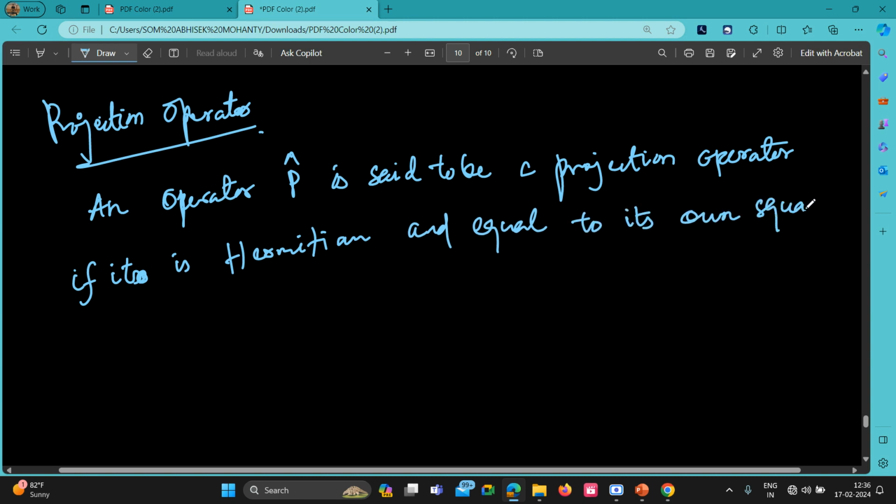So if it is Hermitian, that means P dagger is equal to P, and equal to its own square, that means P square is equal to P. Is it all right?